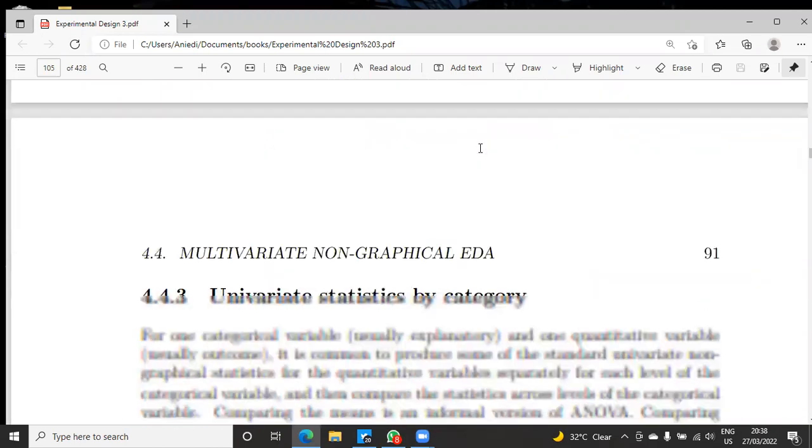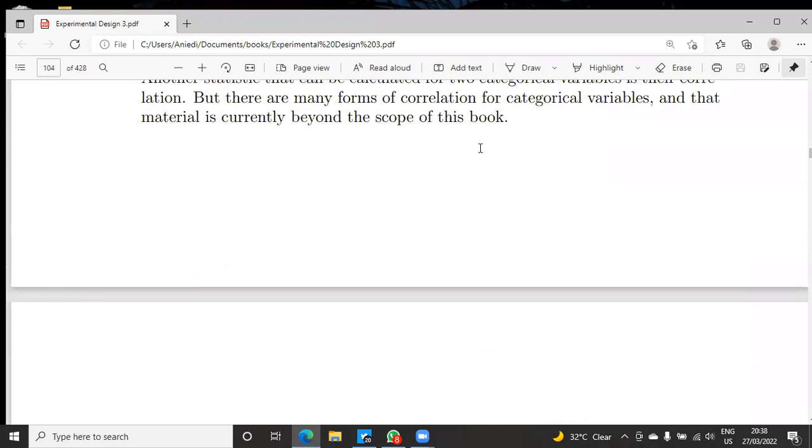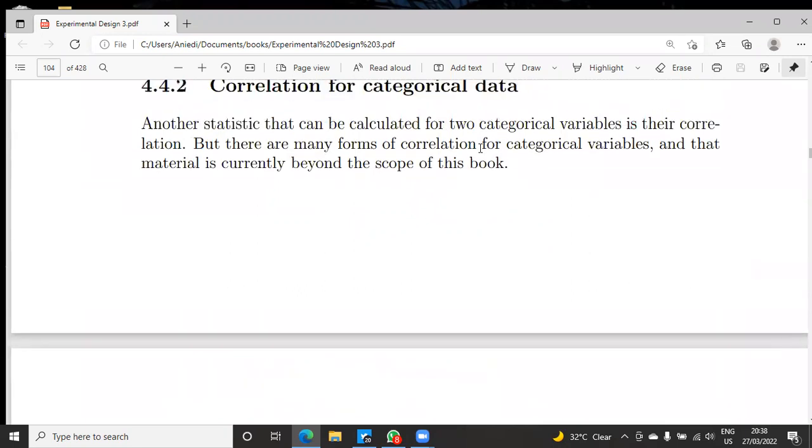So in categorical data, there is always correlation analysis. Whenever you have such a table, if you are using statistical tools, sometimes it automatically generates correlation for you, but sometimes you can just ask for the correlation of the data.